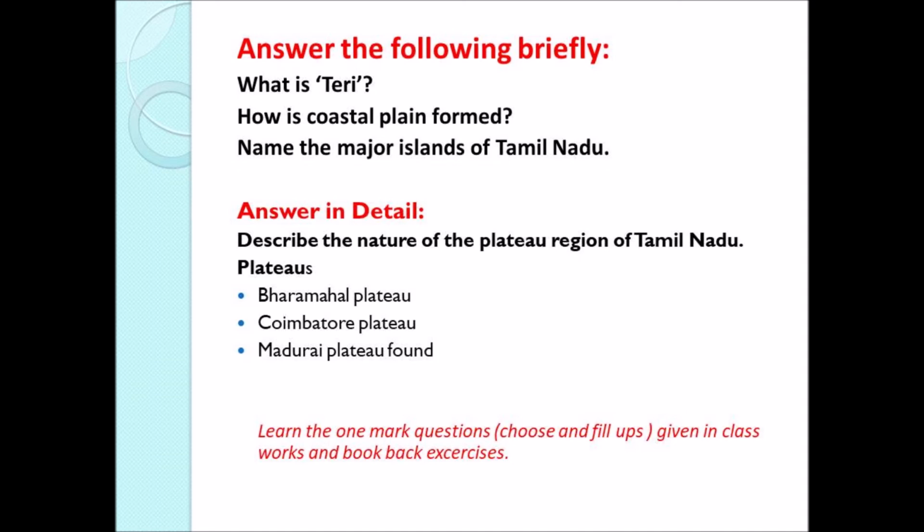These coastal plains are formed by the rivers that flow towards the east and drain into the Bay of Bengal. It is more than 80 kilometers wide at some places. So at some places this coastal plain is more than 80 kilometers wide. Next question, name the major islands of Tamil Nadu.